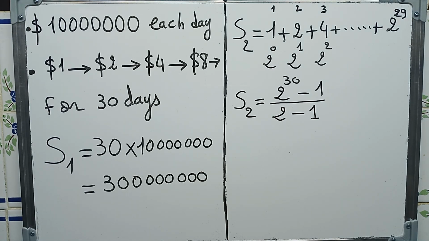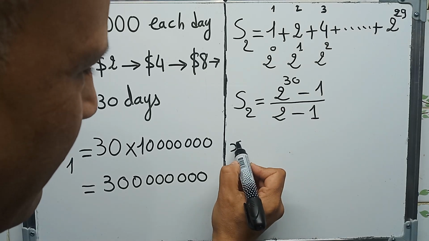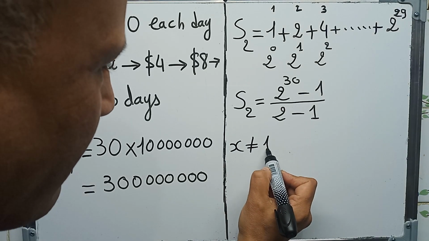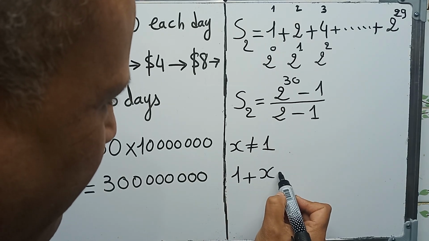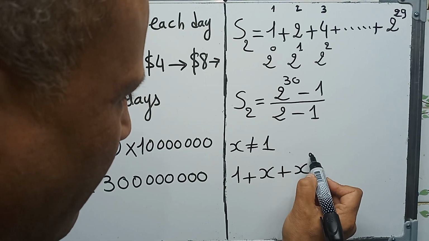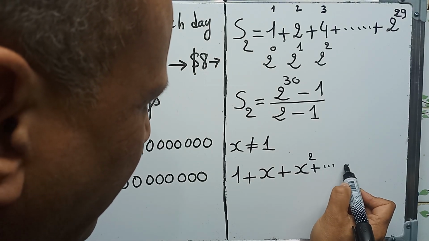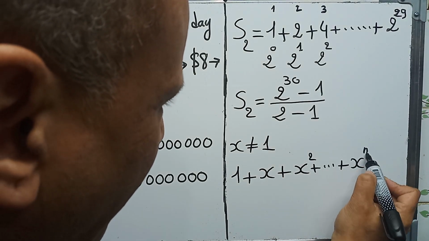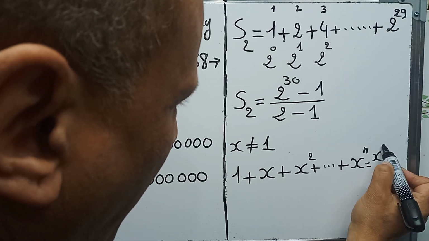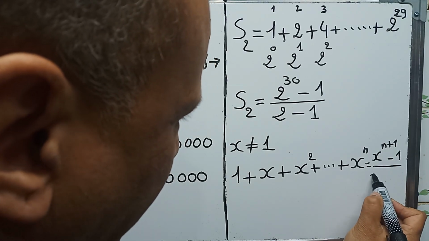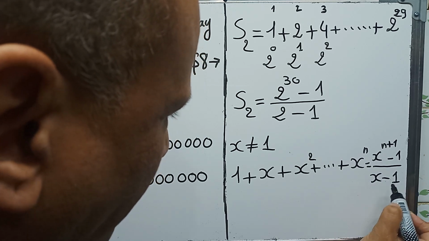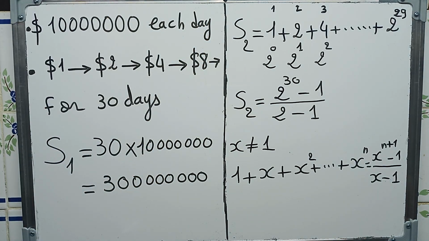I will go generally and prove to you that for some x different of 1, we have this formula: 1 plus x plus x squared plus until x to the power n is equal to x to the power n plus 1 minus 1 over x minus 1. So how will I prove it?